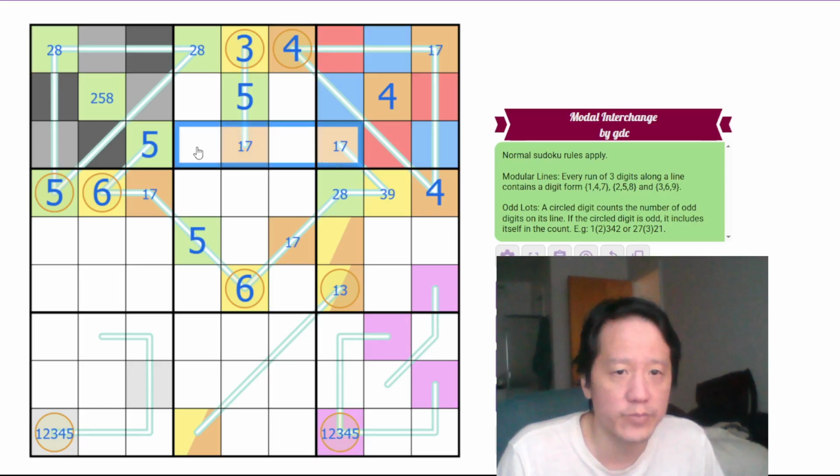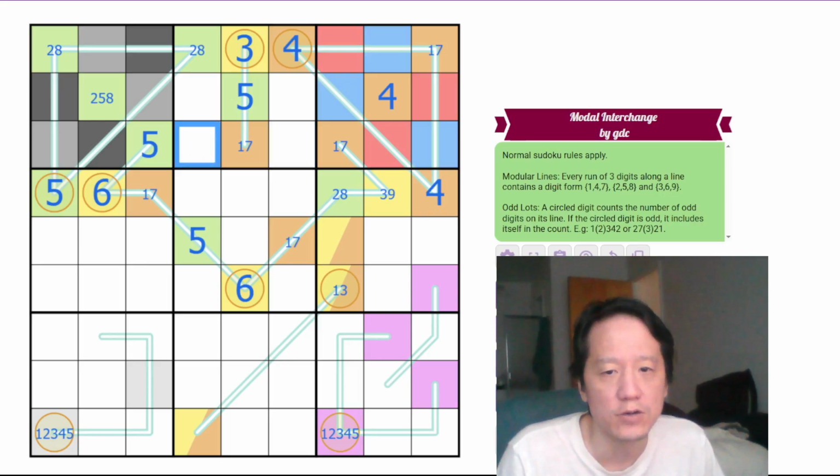So there cannot be any more oranges in row 3 because we have a 1, 7, 1, 7 pair, and these can't be 4. So this has to be green and yellow. One is green, one is yellow. And one of these must be orange with yellow.